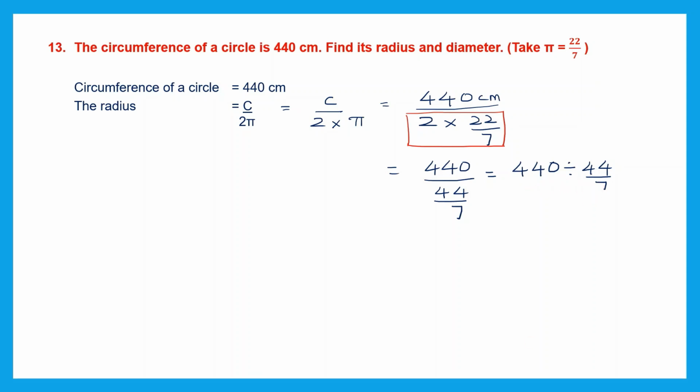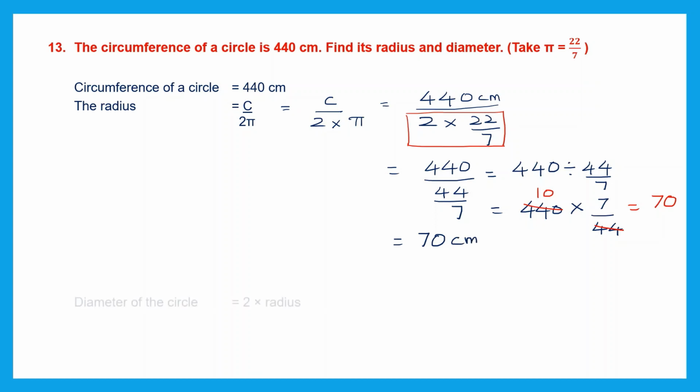So this is 440, division changes to multiplication, and the reciprocal of 7 by 44. Now we can cancel. 44 into 10 is 440. 10 sevens are 70. So we have found the radius to be 70 centimeters.